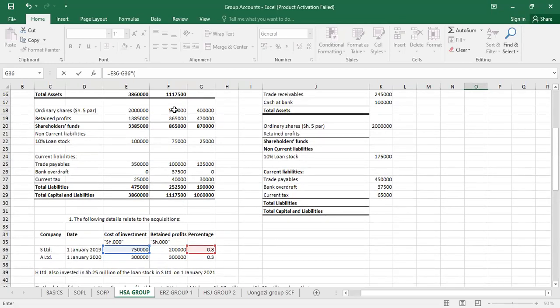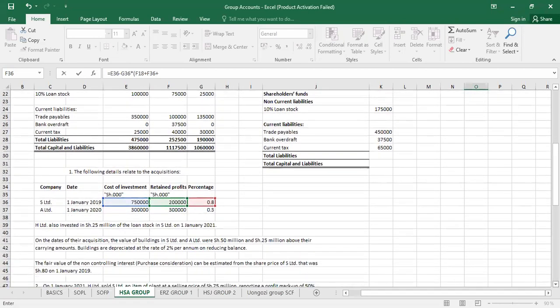The first one will be the ordinary share capital plus, remember, the retained profits. We don't take the current year's, we take the pre-acquisition profits, the 200 here down, retained profits. Plus, then when you read forward, you can see on additional information number one, on the date of acquisition, the value of buildings in S Limited were 50 million above their carrying amount.